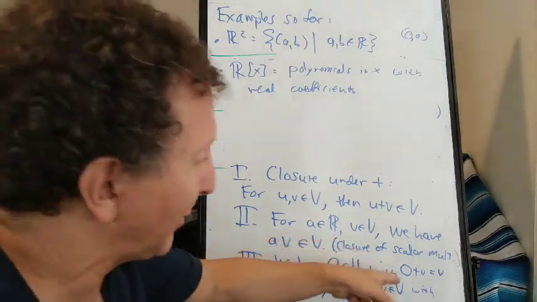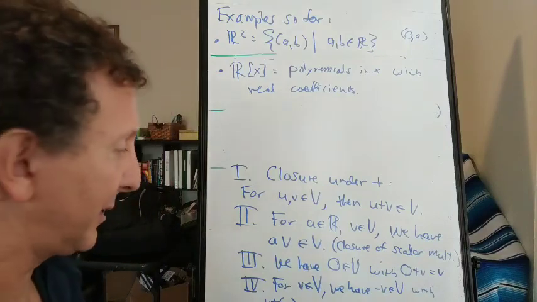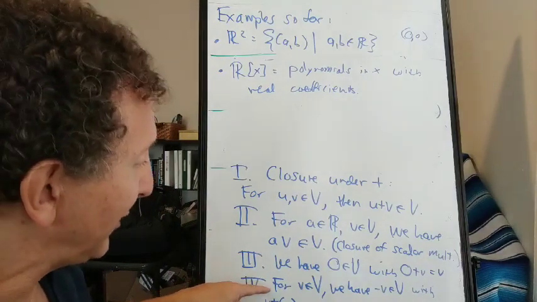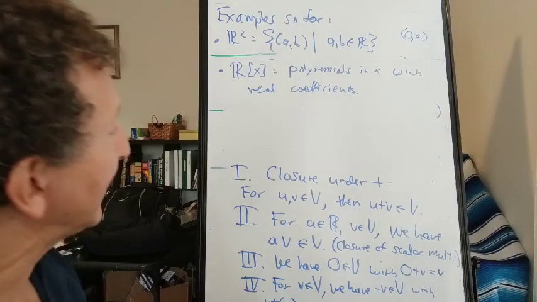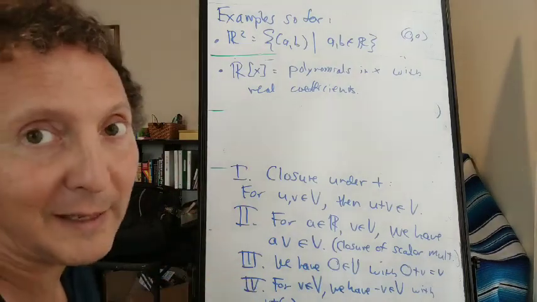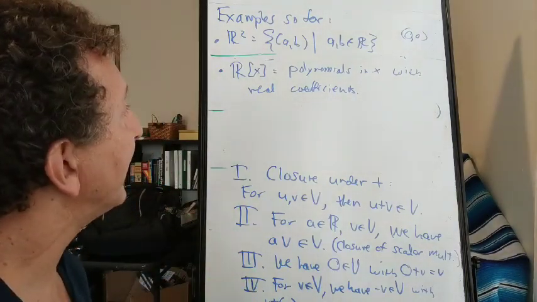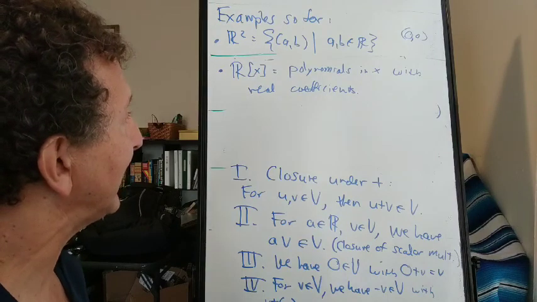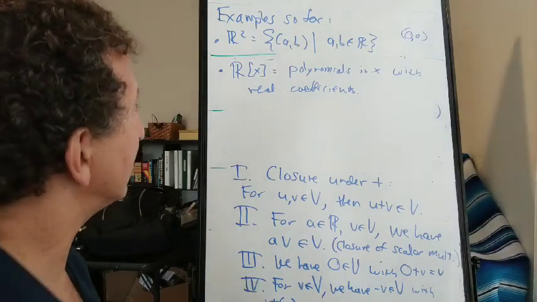We can add it to any other polynomial and get that other polynomial back. And for any polynomial, we have its opposite because we can just take all the coefficients and multiply them by -1. And then that is a polynomial that we can add to our original one to get 0.